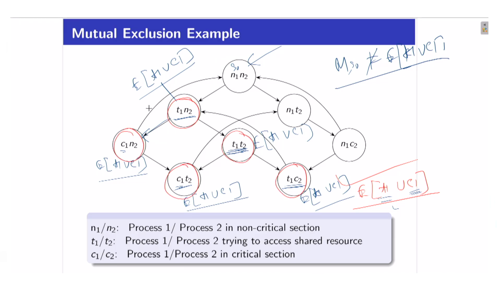These 5 nodes are labeled with E T1 until C1. Then I found that the starting node is not labeled with this. So I will say this model does not satisfy this property, T1 until C1. This is how this labeling algorithm works.